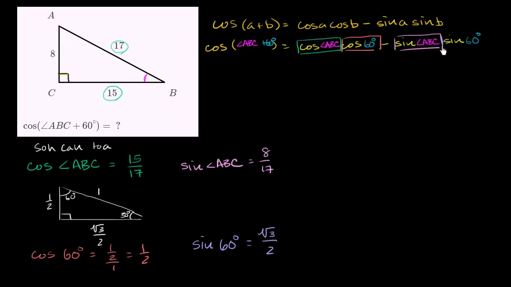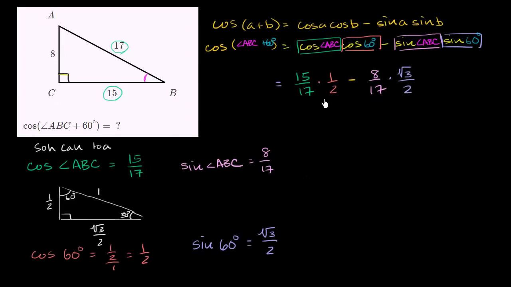This whole thing is going to evaluate to cosine of angle ABC, which is 15 over 17, times cosine of 60 degrees, which is 1/2. So times 1/2. And then we're going to subtract sine of ABC, which is 8 over 17, and then times sine of 60, which is square root of 3 over 2.